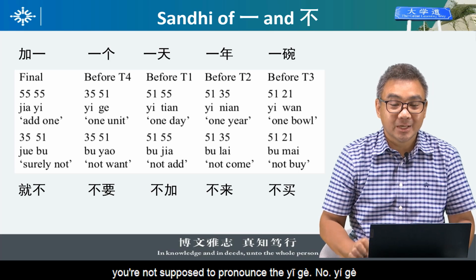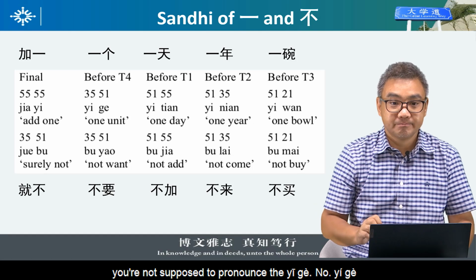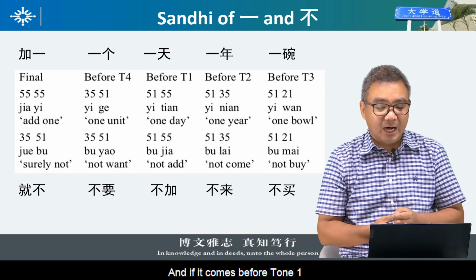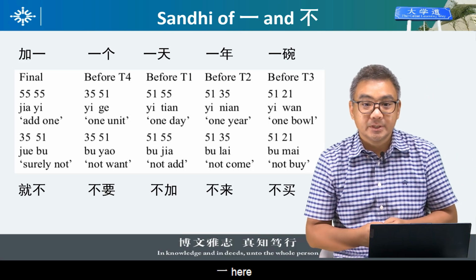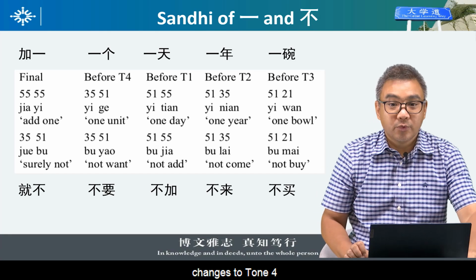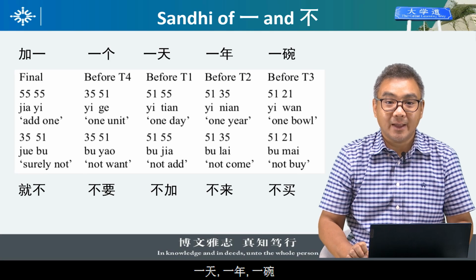You are not supposed to pronounce it as yi ge, no, yi ge with tone 2. And if it comes before tone 1, 2, and 3, yi changes to tone 4. 一天, 一年, 一晚.